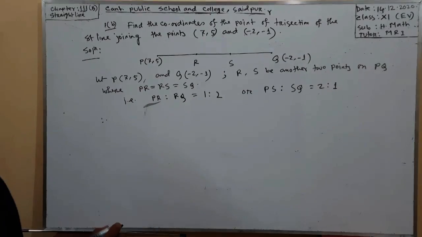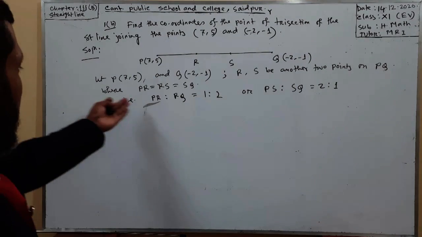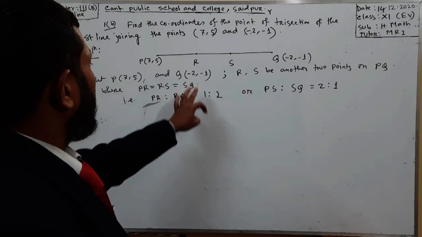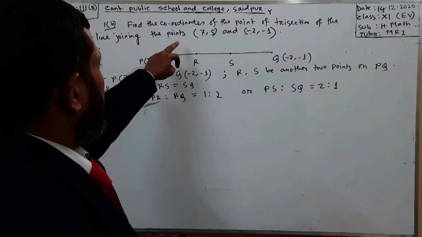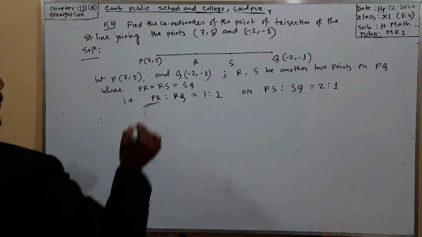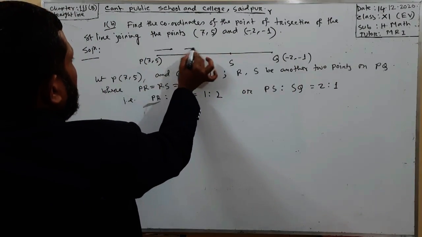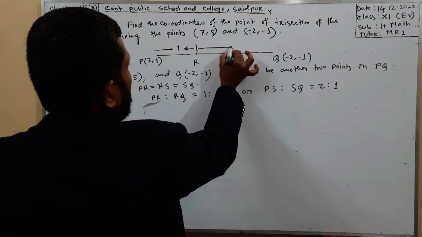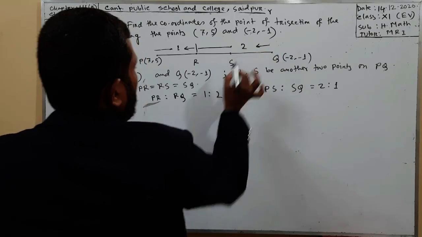So the coordinates of R will be, with PR ratio RQ here 1 and 2, that is the ratio is 1 and 2.